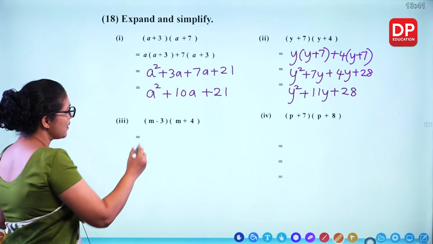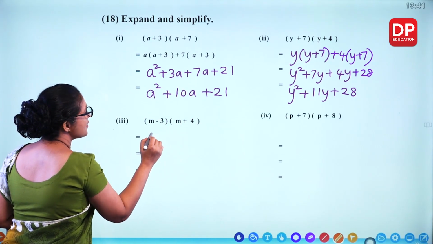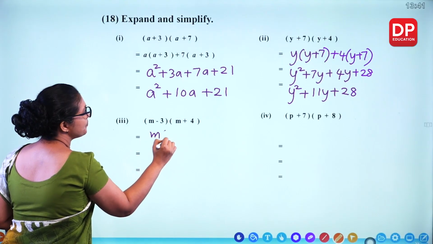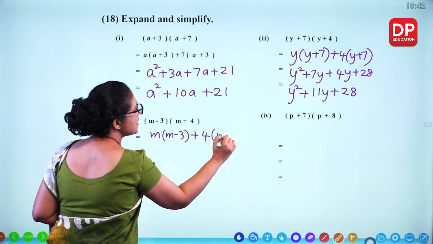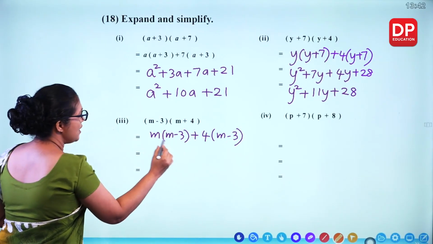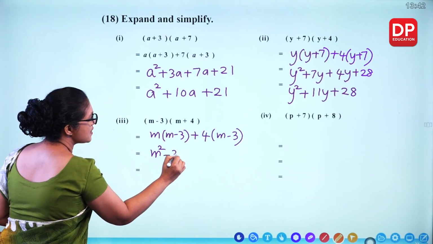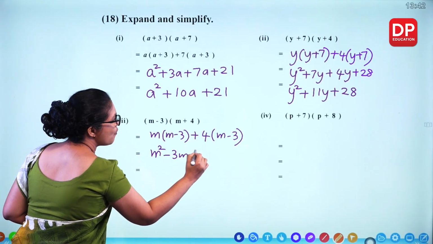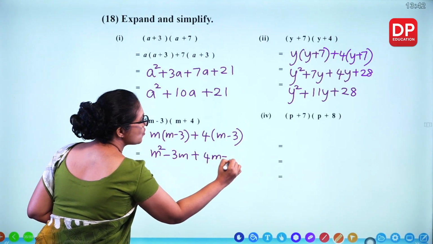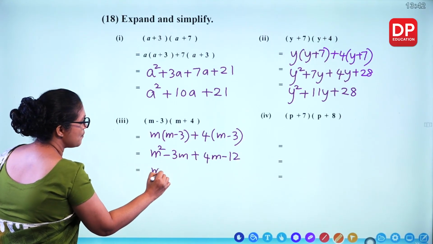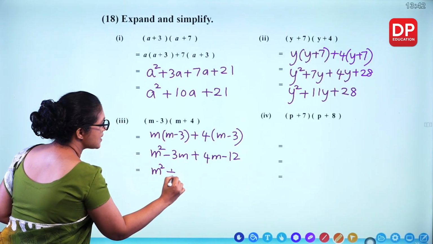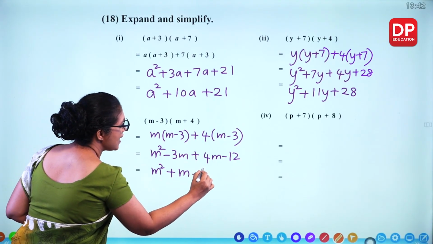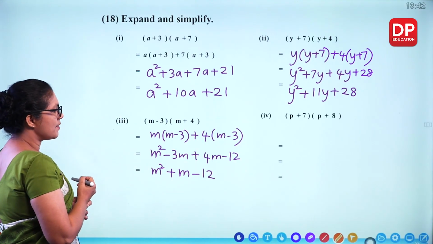This one, m minus 3 times m plus 4 times m minus 3. m into m, m squared minus 3m. 4m minus 12. So you get m squared, minus 3 plus 4, plus m, minus 12.